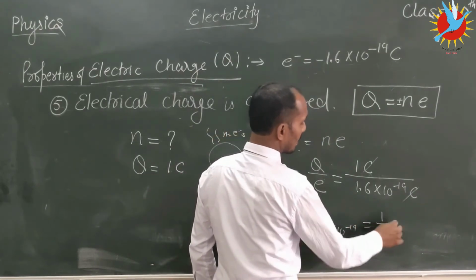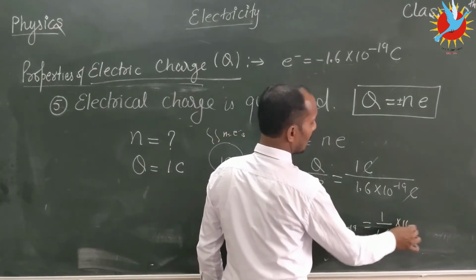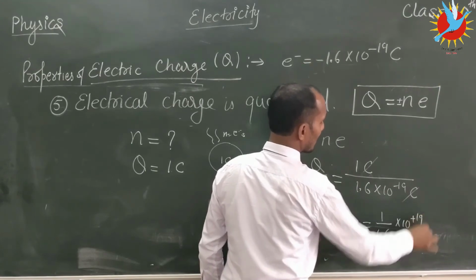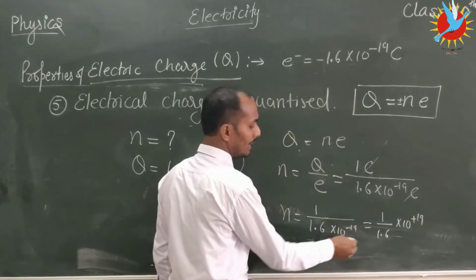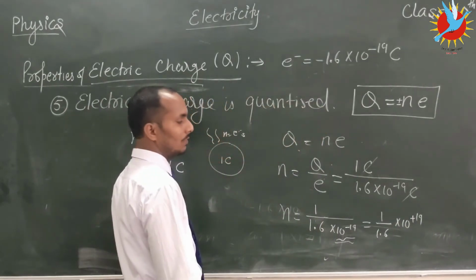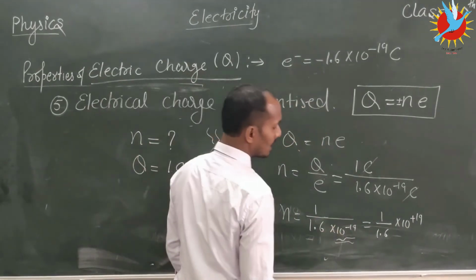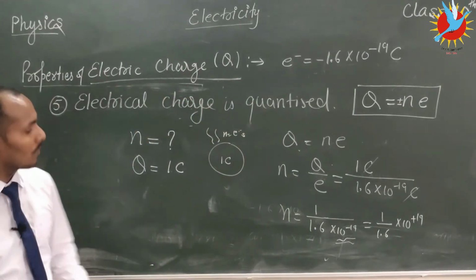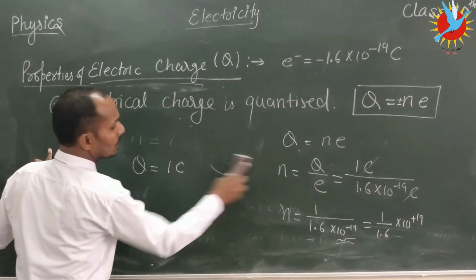So it becomes 1.6 into 10 raised to power plus 19. This is in the denominator, and when you move it to the numerator, the sign is changed and it becomes plus. Now solve this.